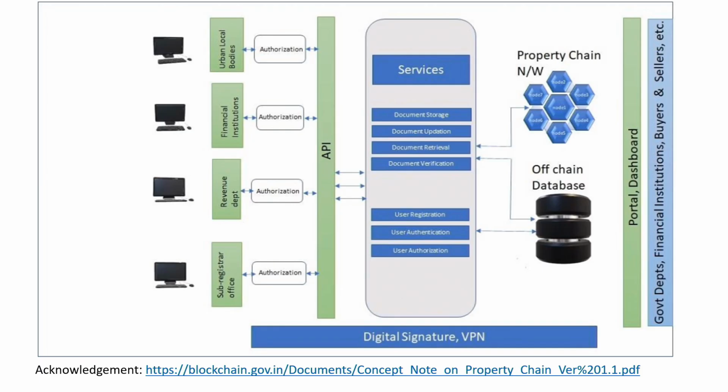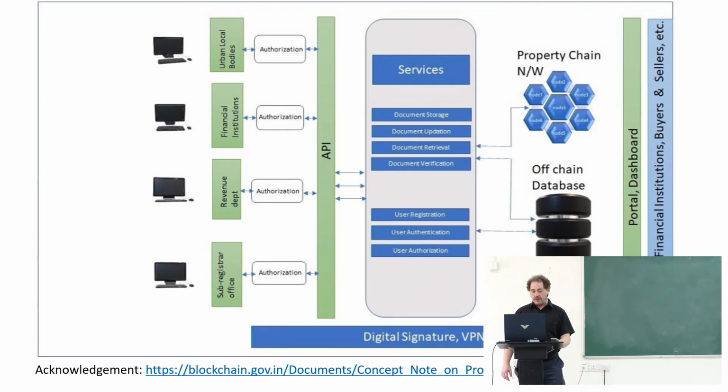There is property chain, which is the blockchain. There is an off-chain database, both are used, and services are built on top of that. The services would include document storage, document retrieval, user registration, authentication, and so on.